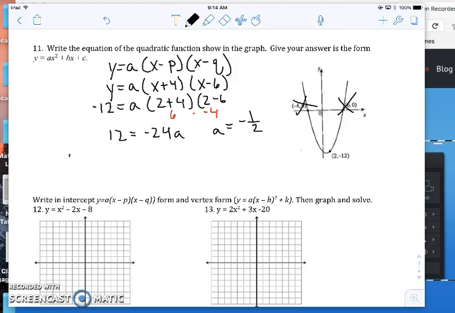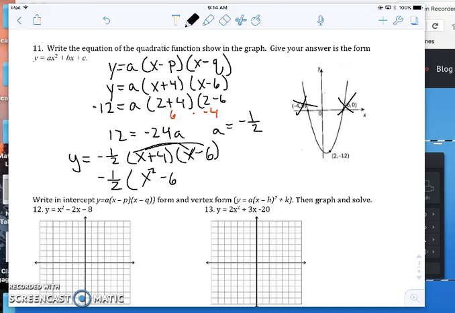So if we plug this back into our equation, we have y equals -1/2 x plus 4, x minus 6. But it has to be in standard form, so I'm going to multiply this out. So -1/2, I'm going to distribute these. So we got x squared minus 6x plus 4x minus 24.